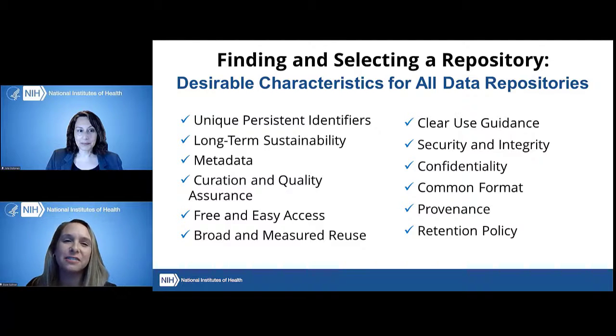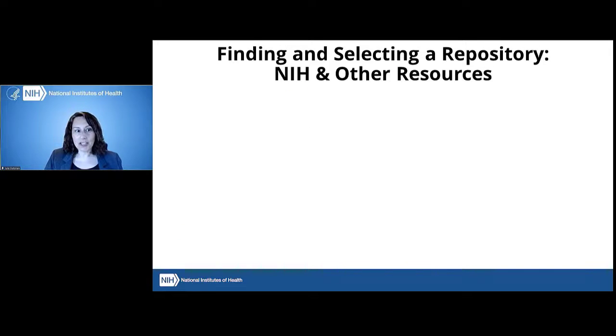Thanks. And do you have any advice on how to identify the most appropriate repository and where to start in that process? To help investigators get started, NIH maintains listings of unrestricted access and controlled access NIH-supported repositories, and these are available on the sharing.nih.gov website.